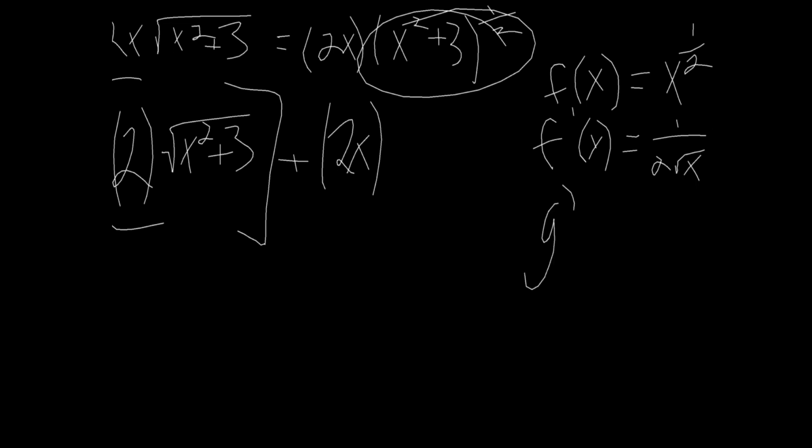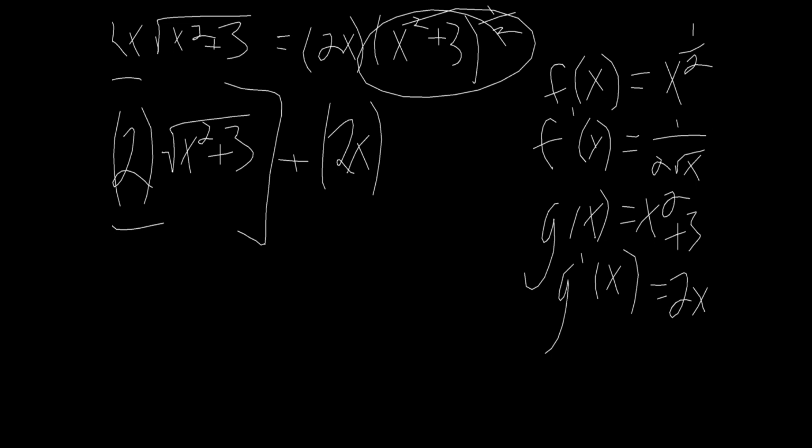And we know that what we're plugging in here is x squared plus 3. So we know that our g of x, not prime, just g of x, is equal to x squared plus 3. And we know that the derivative of this is just going to be 2x. So knowing this, we can find the derivative of this part.